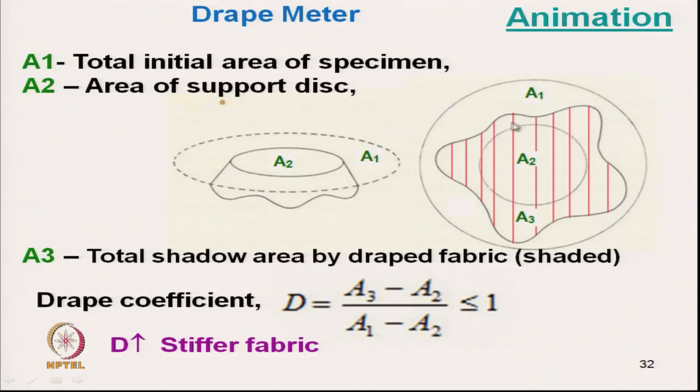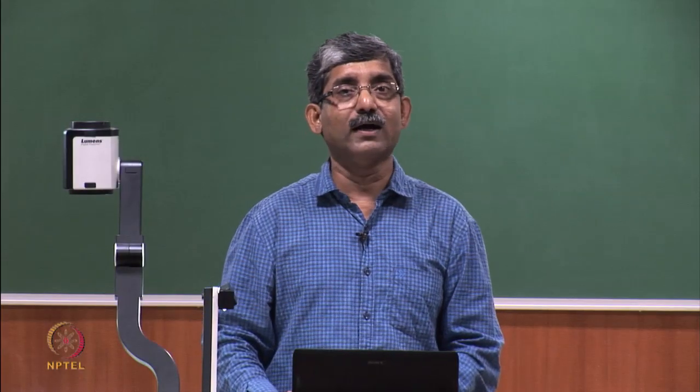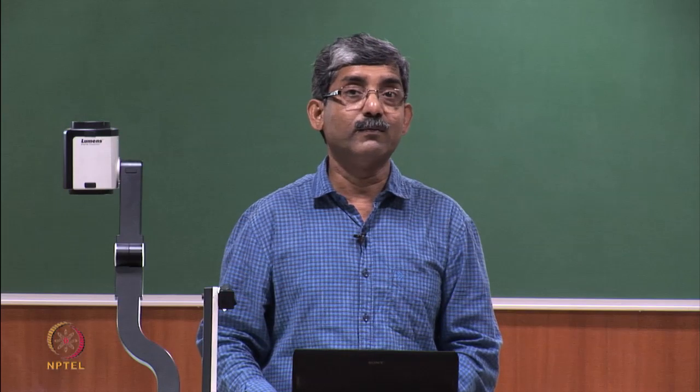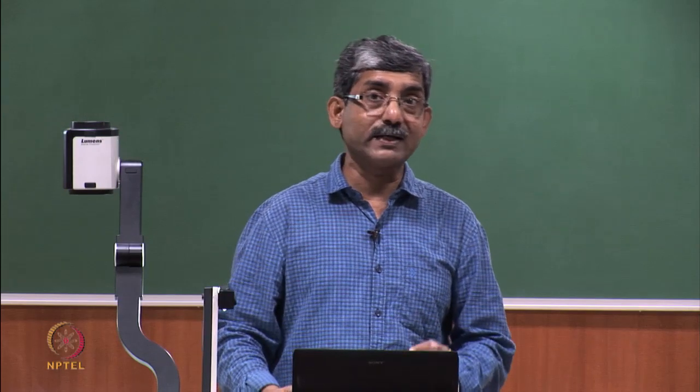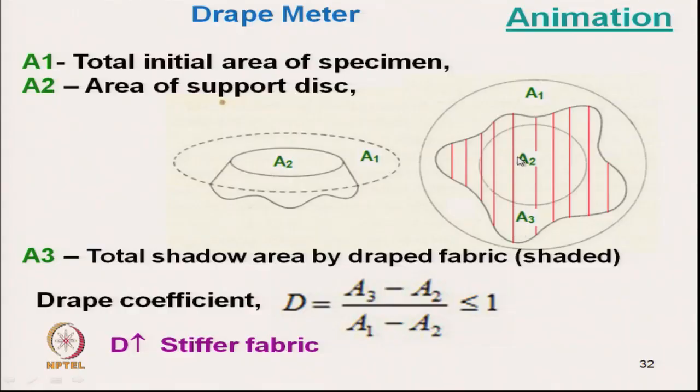A1 is the fabric area, A2 is the support disc, and once the fabric is hanging, it will make a projection. A3 is the shaded portion, the total projected shadow area of the draped fabric. The area projected beyond the support disc is A3 minus A2.